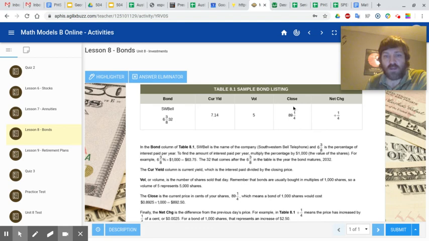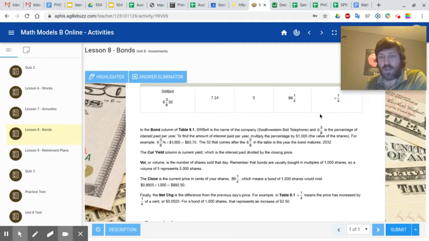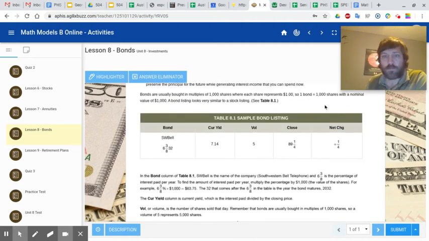So in order to find the value, you can see what they did down here. We have 0.8925. So imagine there's a decimal in front of this. So this number times 1,000 is what we get for the cost of 1,000 shares. And then this is the change from the previous day. You're really not going to deal with that very much.